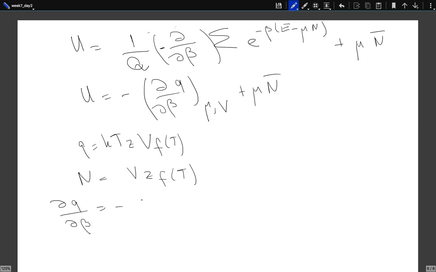But that is the derivative of Q with respect to temperature times T squared, like KT squared. This is equal to minus KT squared.